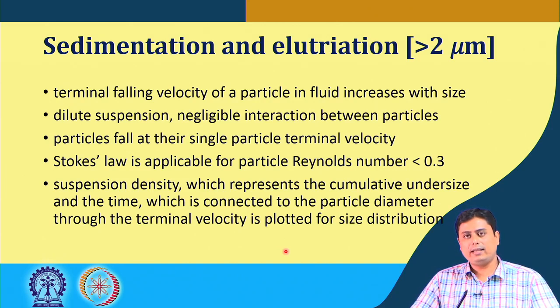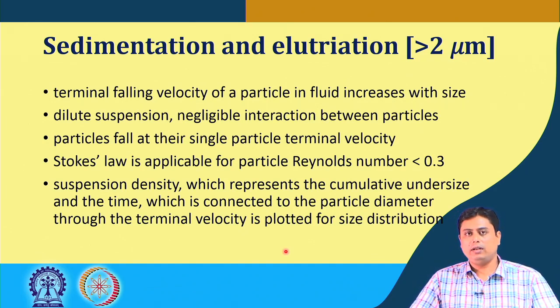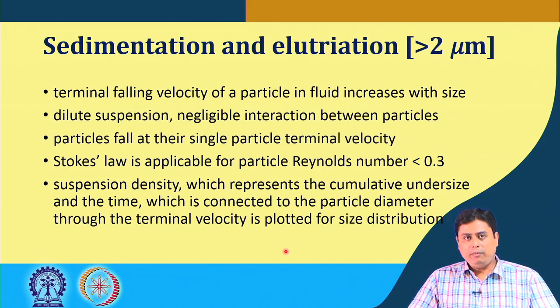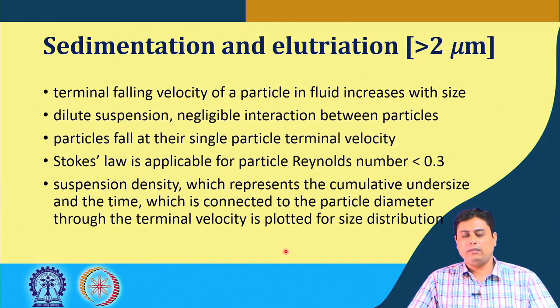Let us say if you take an example, you have a suspended liquid, a dilute suspension, and the particles are falling past a certain plane on the vertical axis. You measure the concentration of the particles, and this suspension concentration or suspension density is basically the undersized particles which are falling with a terminal velocity, and the time it takes to reach that stage is directly related to the terminal velocity.